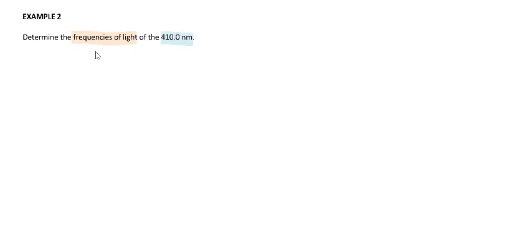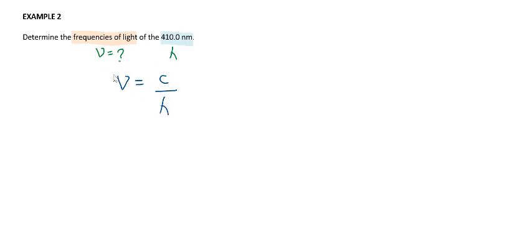From this question, we are asked for the frequency of the light, which is nu, and we are given lambda. If we have both frequency and lambda, the relationship between them is nu is equal to c over lambda.